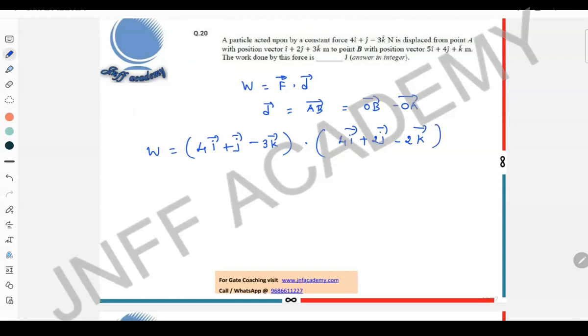This is the d vector. Now we can go for the dot product. 4 times 4 is 16, plus 2, plus 6, 22, 24. 24 joule. So the work done by this force is 24 joule.